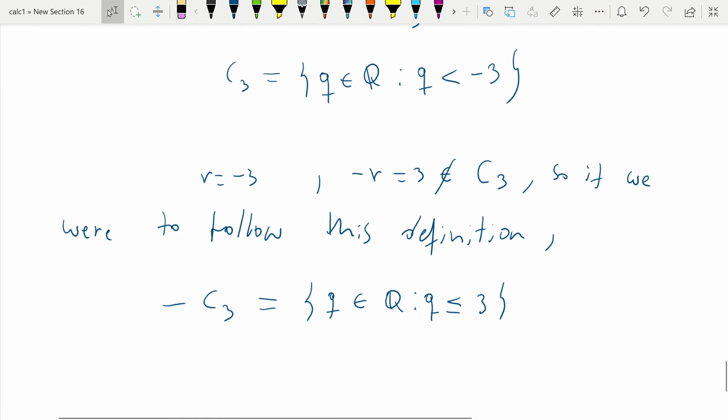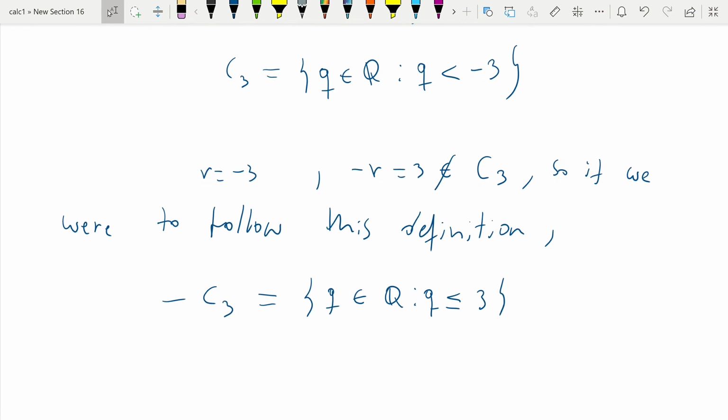in the original cut. The problem is that we cannot include the endpoint if there's such a thing as an endpoint, because if not, then that wouldn't be a cut. This is not a cut. We saw that in the last session. This will not be a cut as soon as we add on the endpoint.